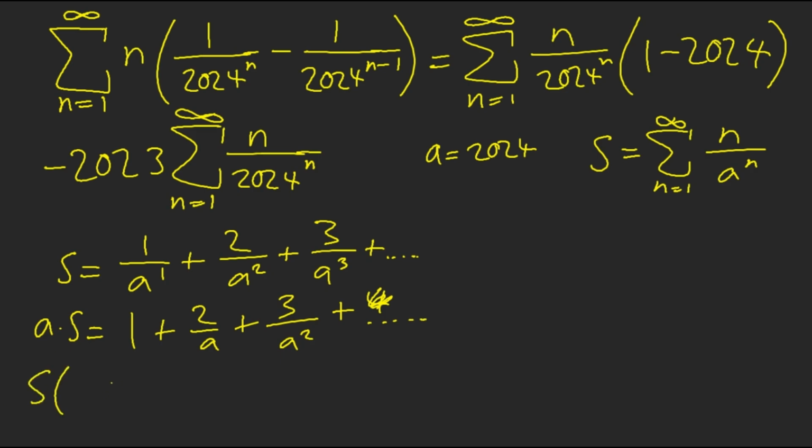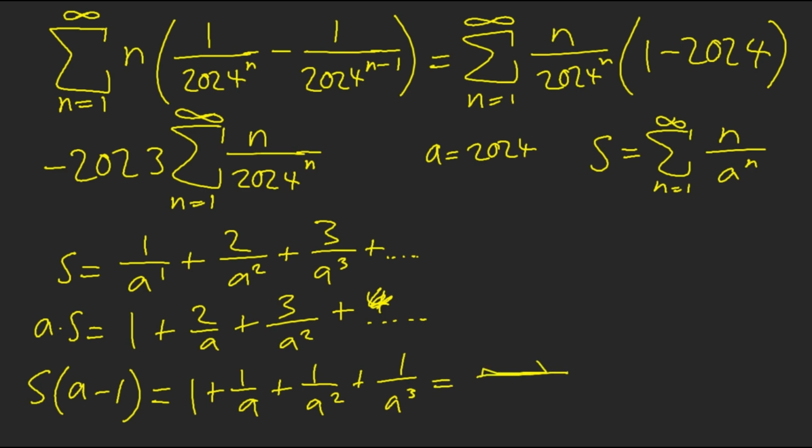And then if I take a times s minus s, we get s times (a minus 1). This will give us 2 over a minus 1 over a, it's 1 over a. 3 over a squared minus 2 over a squared, 1 over a squared. Again, the whole intention is to turn this into a geometric series, which would give us 1 over 1 minus 1 over a.